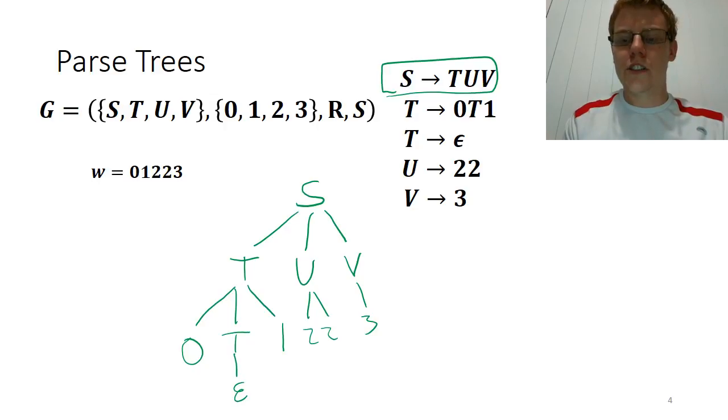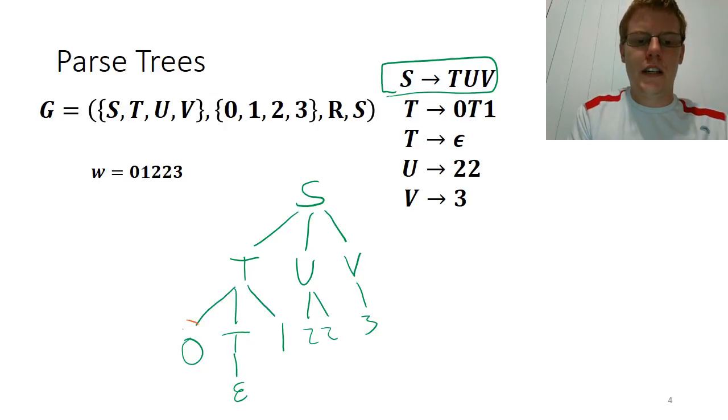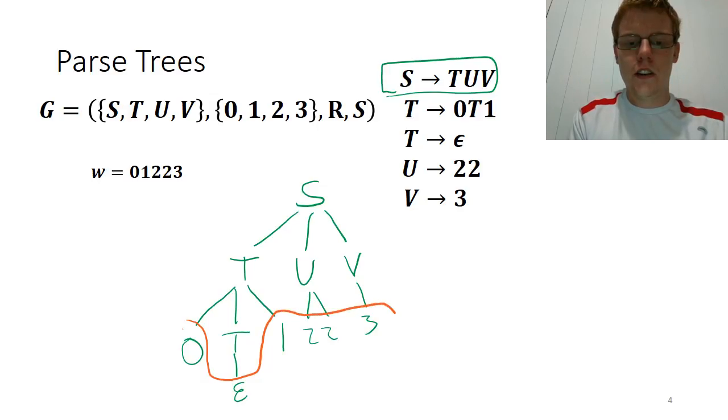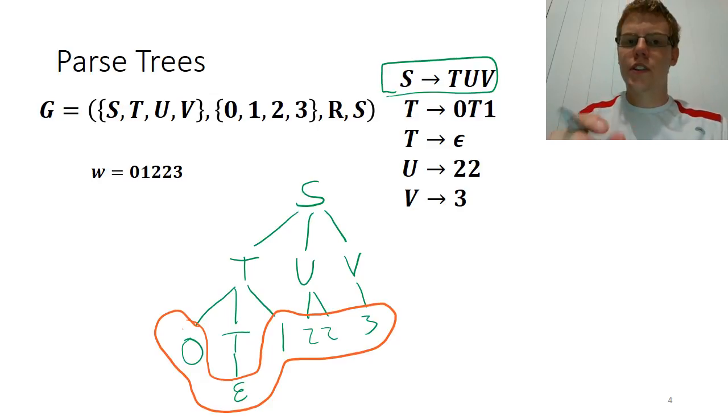The resulting string of a parse tree is simply the leaf nodes of the tree read from left to right. So it's important to note that left and right have important meanings in the parse tree. So when you write things down, it's not just that T, U and V are the child or daughter nodes of S, but they're those child nodes in order.